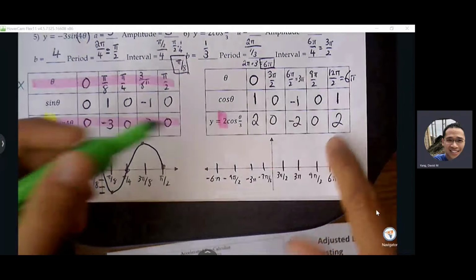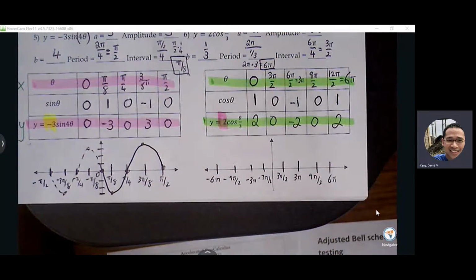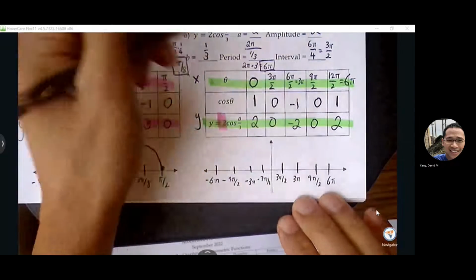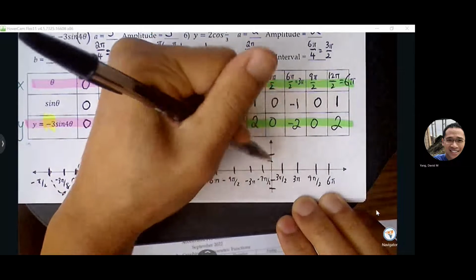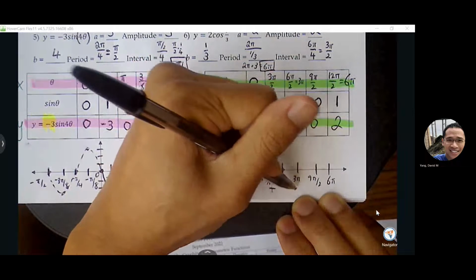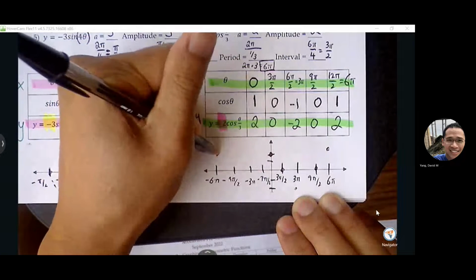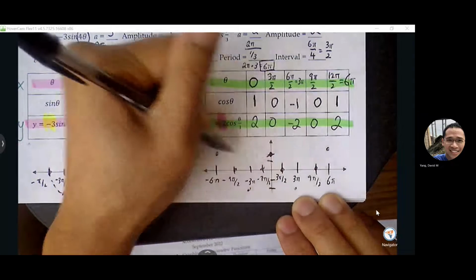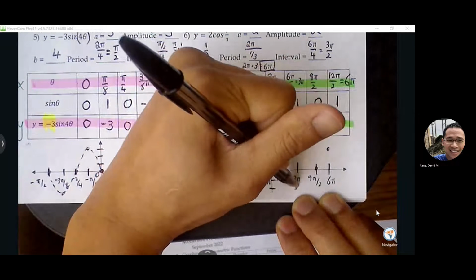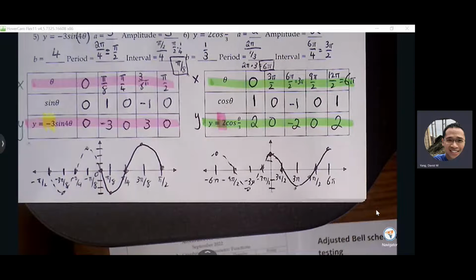Okay, so ignore the middle row. You're just looking at the first row and the third row. First row is your x value, third row is your y value. Okay, any questions here?